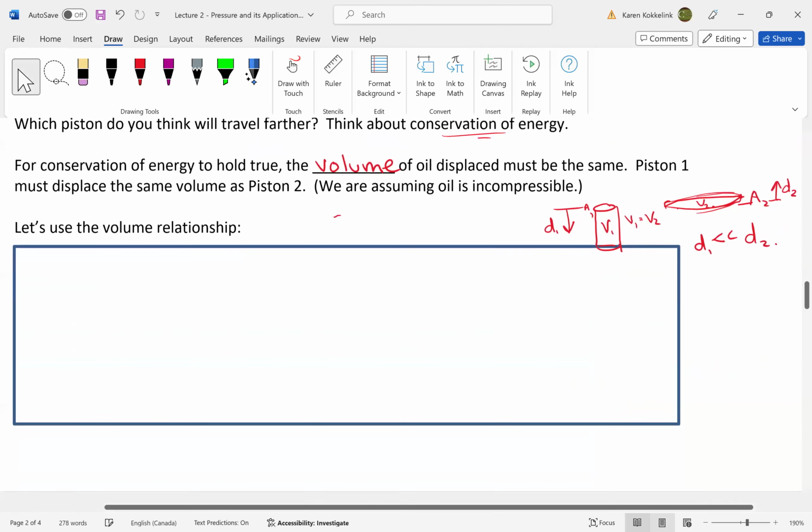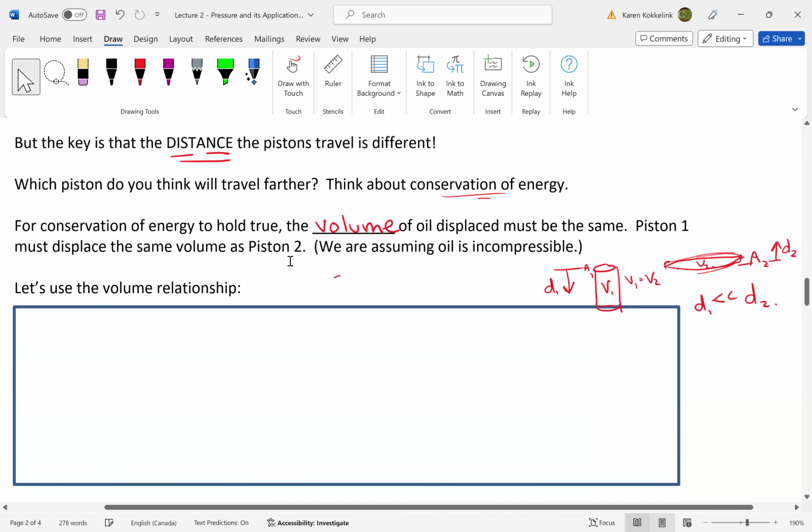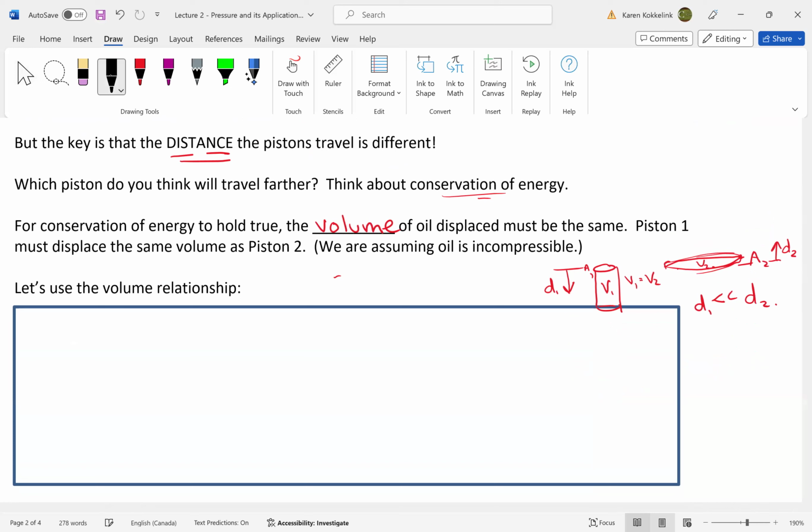So let's look at displacement by bringing volume into this relationship. If we draw that simple hydraulic press again, we have a small piston at the input and a large piston at the output. This small piston has a small cross-sectional area, and this large piston has a large cross-sectional area.